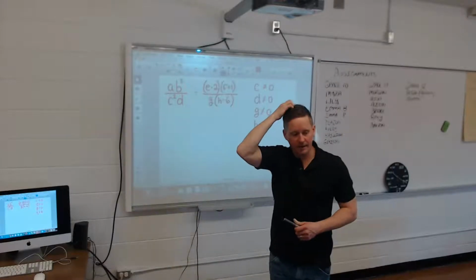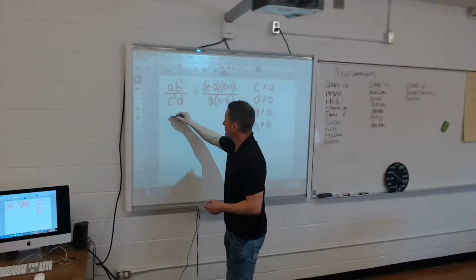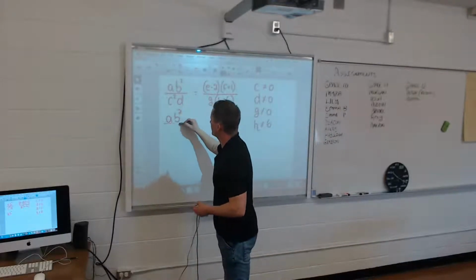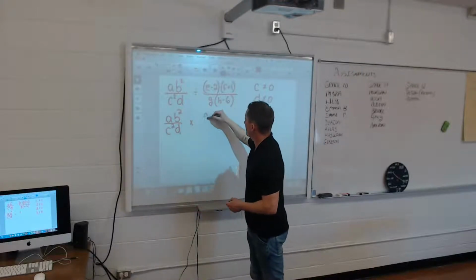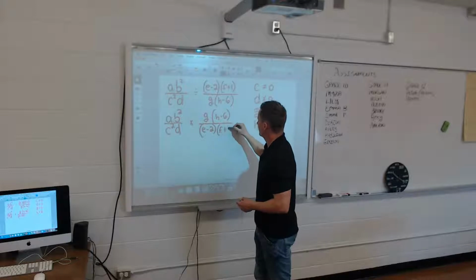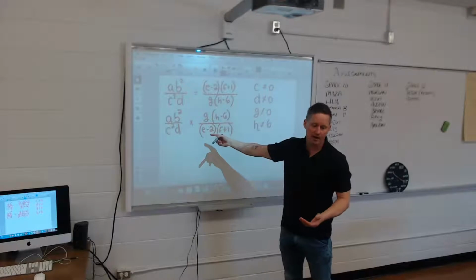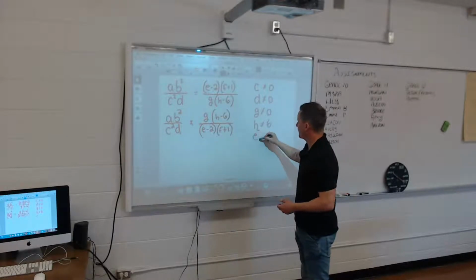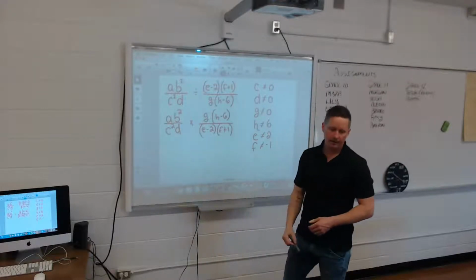Now that takes care of all my denominators, but we have another issue here, because when I go to actually solve this, I have to flip this fraction, right? I have to flip that fraction. So then that means that these are also denominators, and I also have values that they can't equal. So E can't equal 2, and F cannot equal -1.